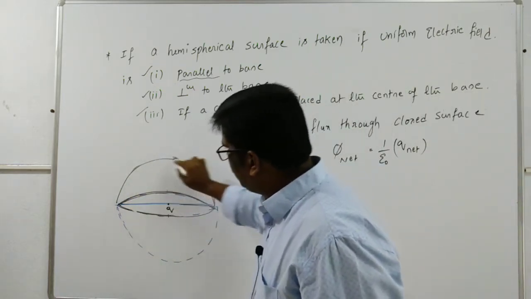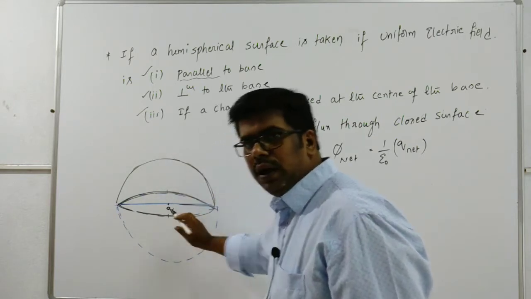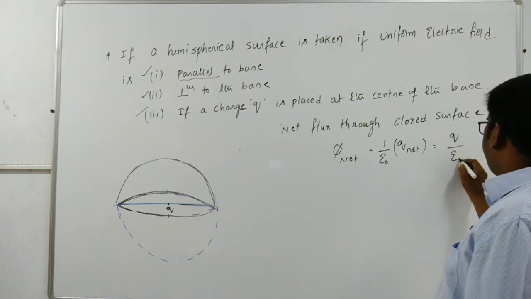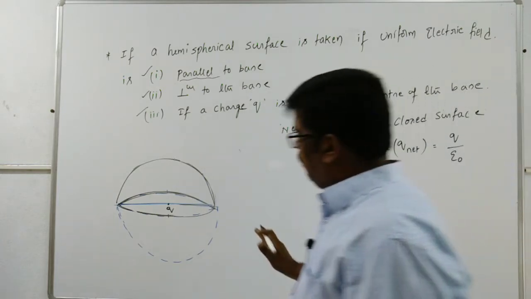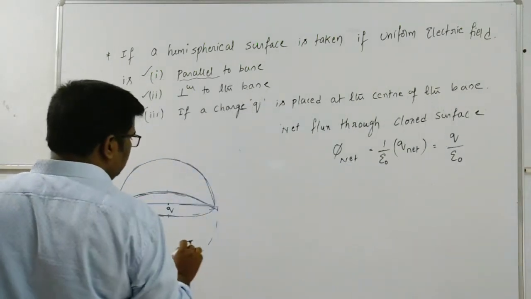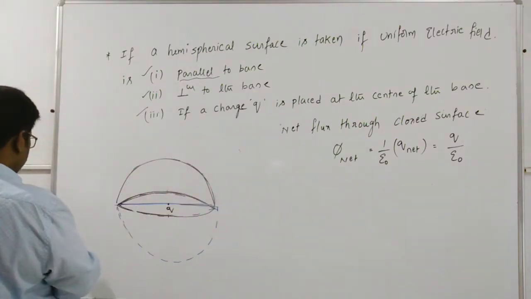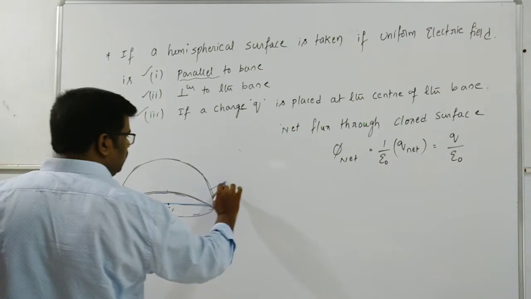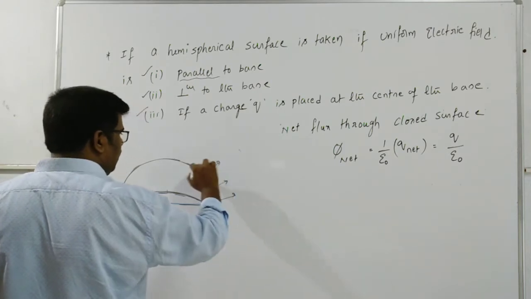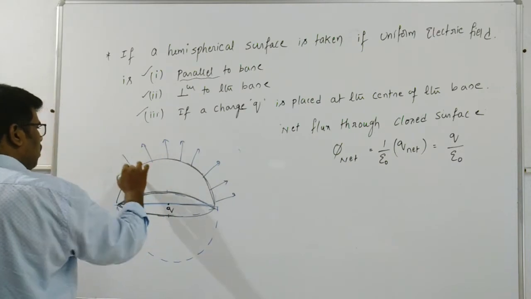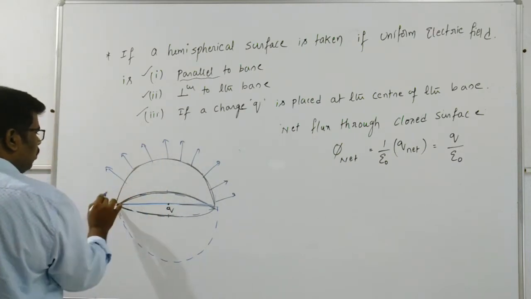What is the net charge enclosed by this closed one? Q only. That's why we can write Q by epsilon naught. But we need the flux through only half of it, only through the upper half of the electric field lines. Upper half means half of the closed surface.